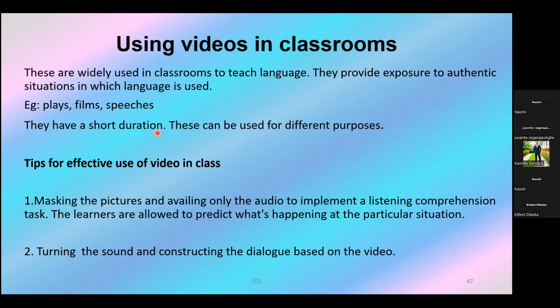Don't select any video clip that is beyond 6 to 9 minutes. Right? The children will get bored or you won't be able to get the maximum benefit of that video clip. The entire time will be spent on just watching it and not making use of it.